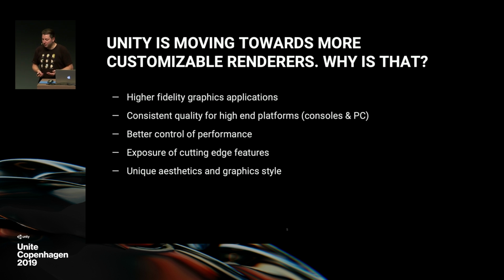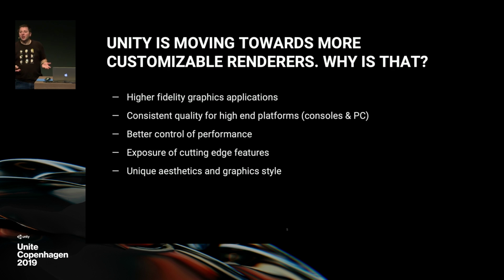Better control of performance, so you can understand when you're not getting what you need, those limitations on your performance, and be able to improve on that with more direct control with HDRP. Exposure of cutting-edge features, DXR being a pretty big deal, Vulkan ray tracing as well. Variable rate shading, all these other really cool technologies that are coming online. Being able to have more control of the renderer allows you to get exposure to that, including compute shaders, which are very, very powerful.